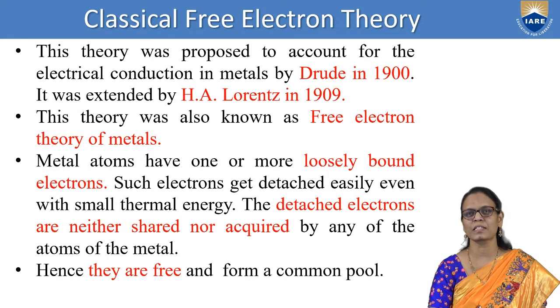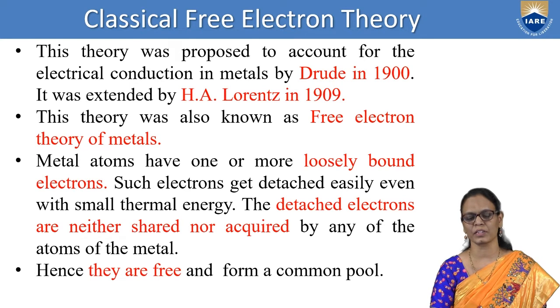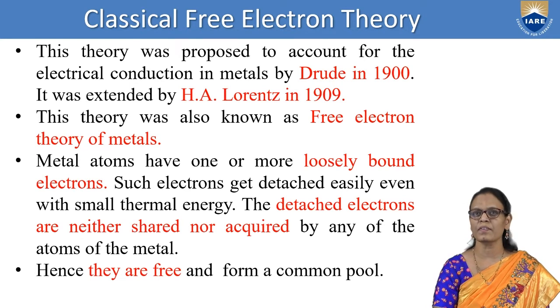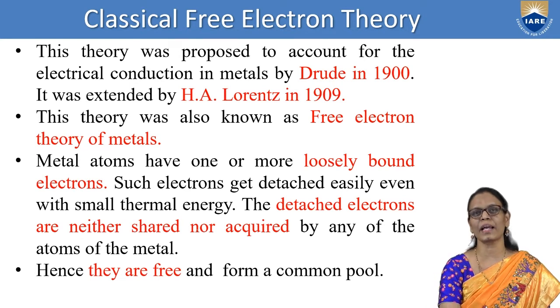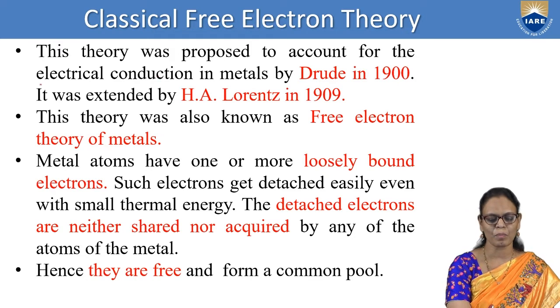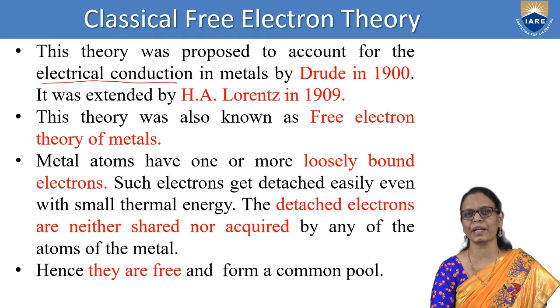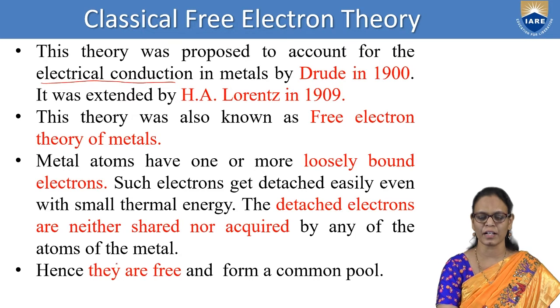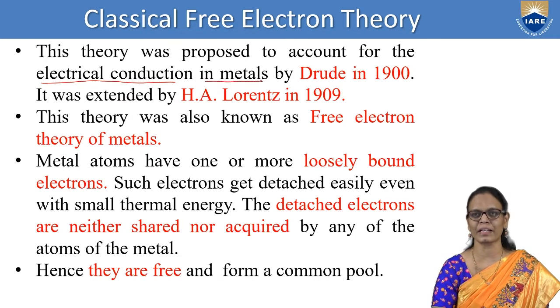Now first we will start with classical free electron theory. This theory was proposed to account for electrical conduction. Mainly they want to explain the electrical conduction in metals. If you have a metal, how does it conduct? If it is acting as a good conductor, how does it act?